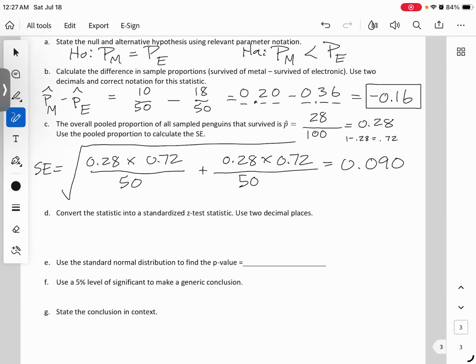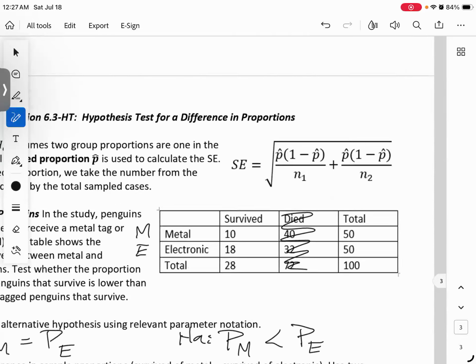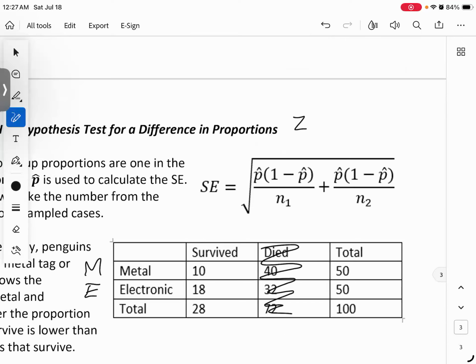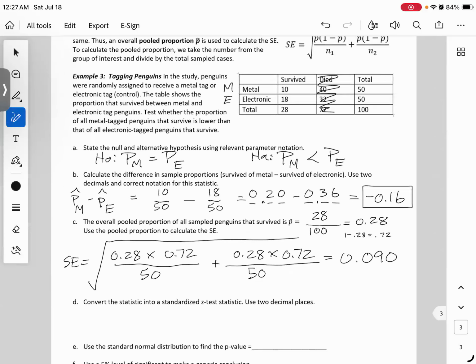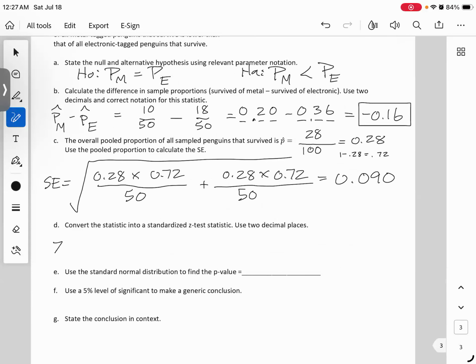Now, it wasn't given at the very top, but on the test, it will. If you're converting to a Z, it's your statistic minus null over SE. And we've got all of those.